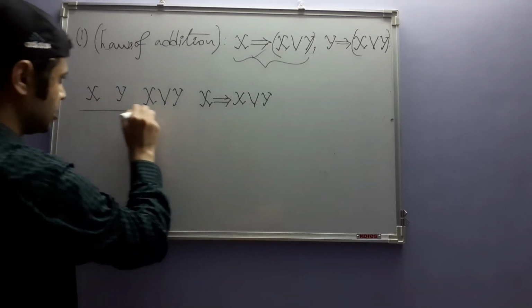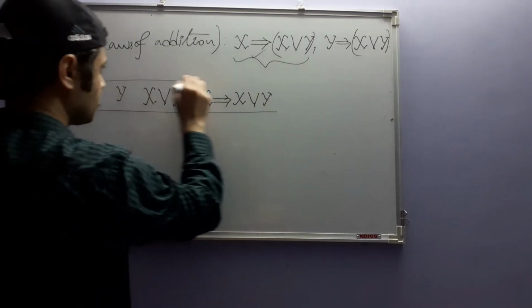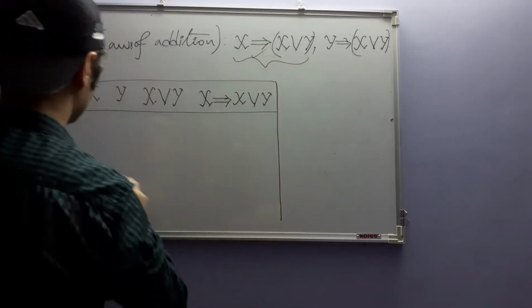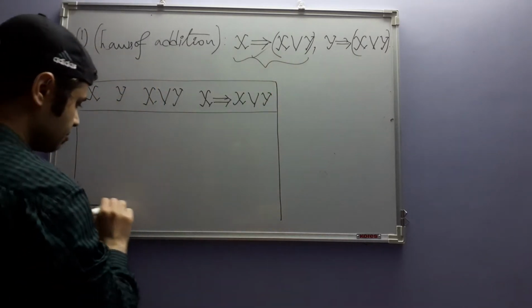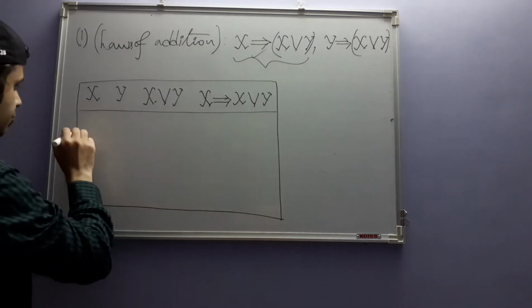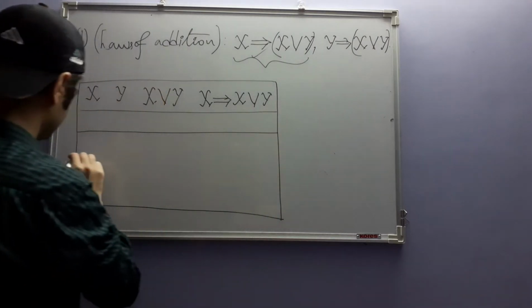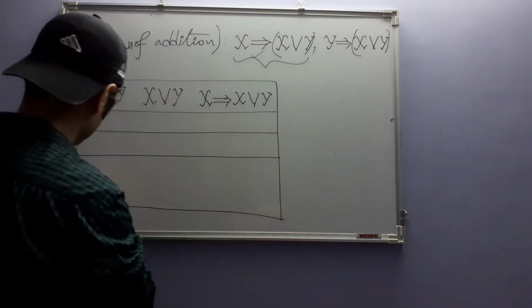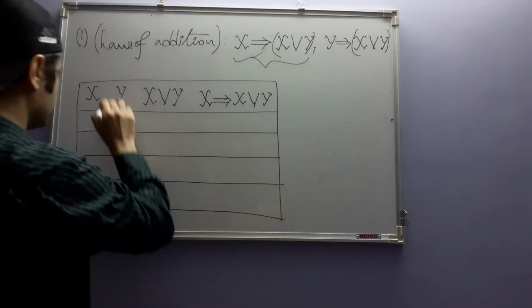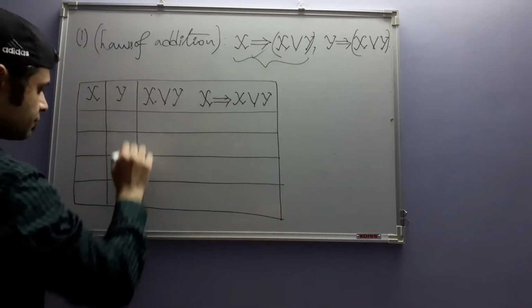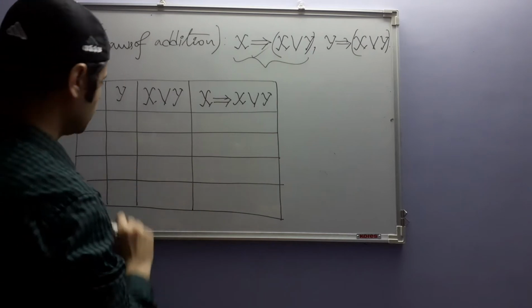So let's draw the table. Two independent statements we have, so there will be 4 rows, and the columns, of course. Right.